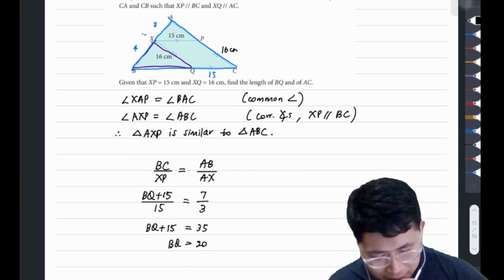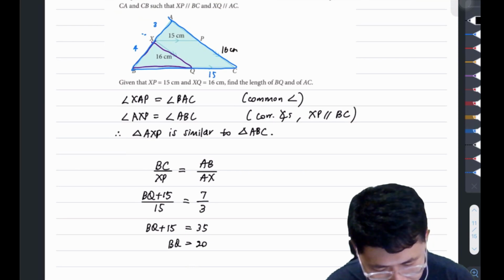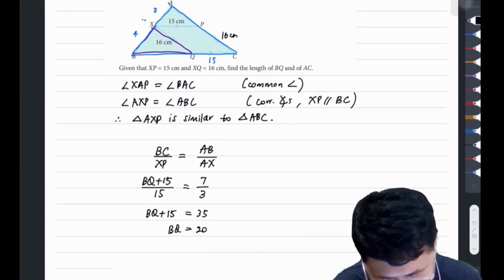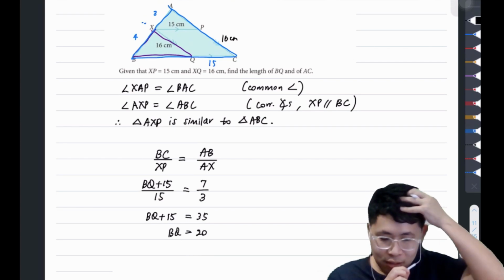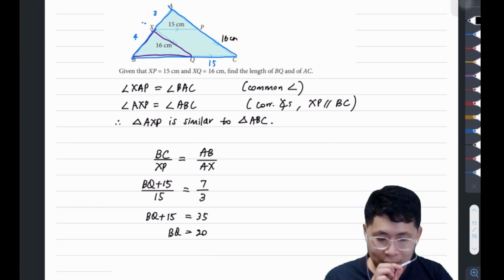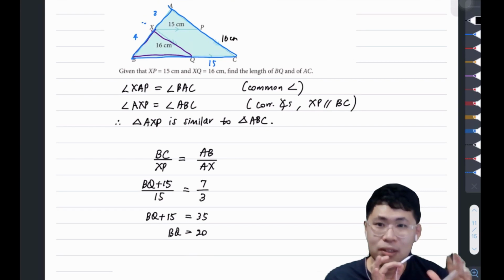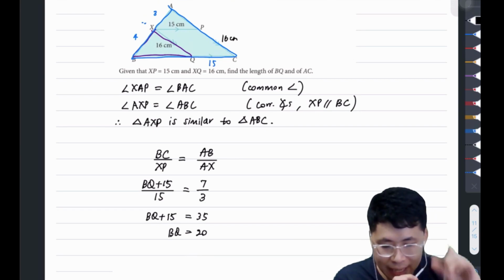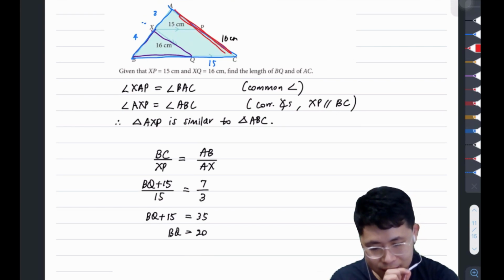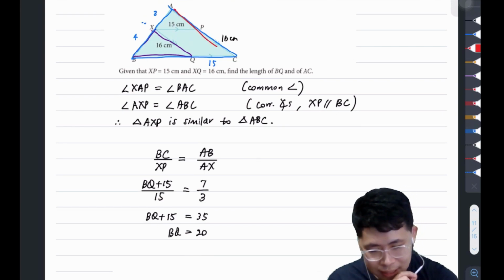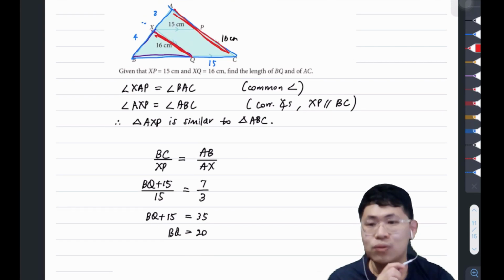Okay, sure. Now the next thing that I'm going to do is look for AC, but I need to reorient a bit in terms of my similar triangles, because in order to look for AC, I'm going to need to use this AC and this XQ.